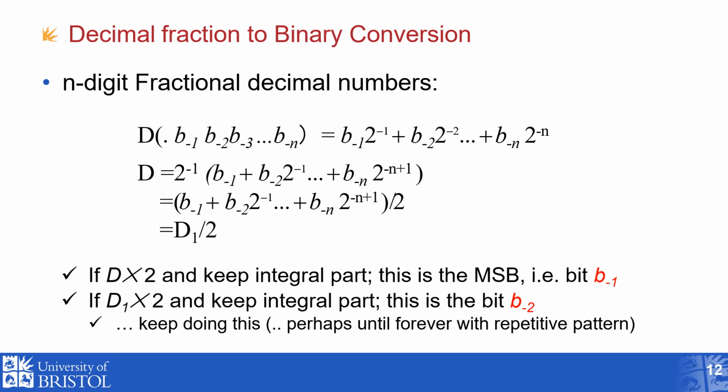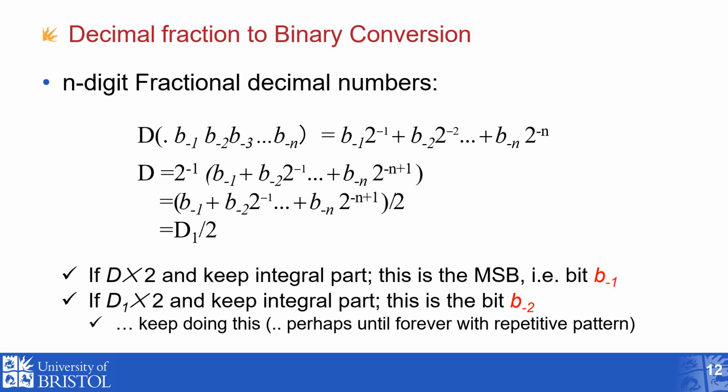I'm going to say it once based on the rule, and then we're going to explain things with an example. As you can notice here, when it comes to the fractional part, you can do the same trick. You can extract 2, only this time 2 to the power of -1, and multiply it with the rest. This is equivalent, of course, because 2 to the power of -1 is dividing by 2.